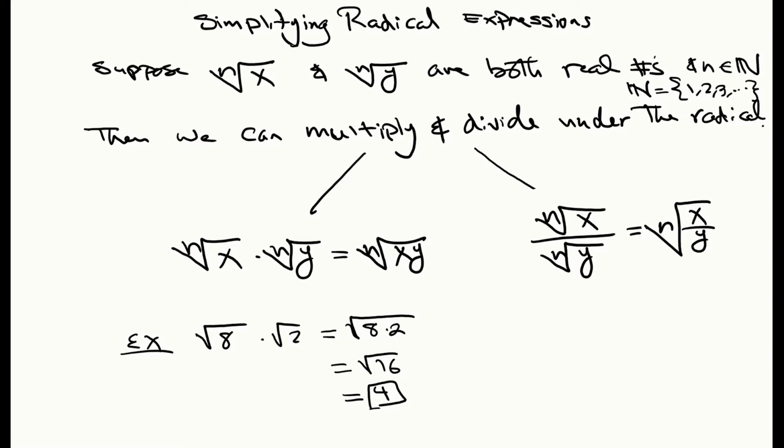But that kind of topic becomes interesting for you only if you continue on in more advanced mathematics. For our purposes, we just know that we can go ahead and multiply under the radical whenever the indexes are the same. We can also divide. For example, let's say we have the cube root of 250 over the cube root of 2.